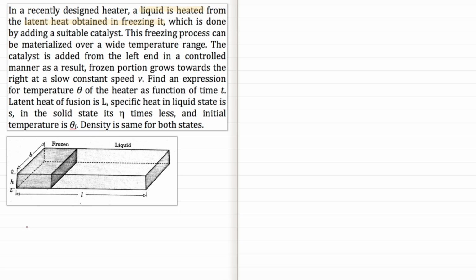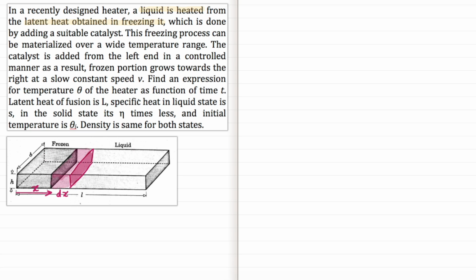Now let's look at the diagram. This is the frozen part and this is the liquid. So in a small time dt, some part of the liquid will freeze and that heat will be used to increase the temperature of the entire heater. If we mark this distance as x, this small length dx, this part of the liquid freezes and the heat released is used to heat the entire system, the entire heater.